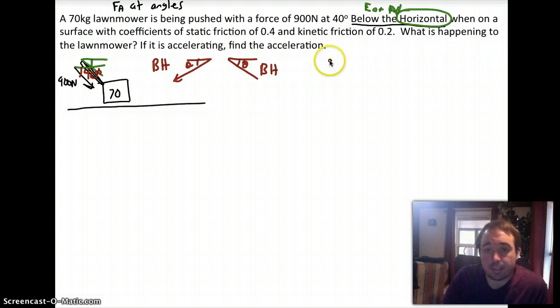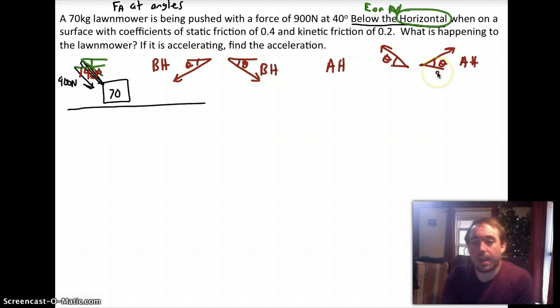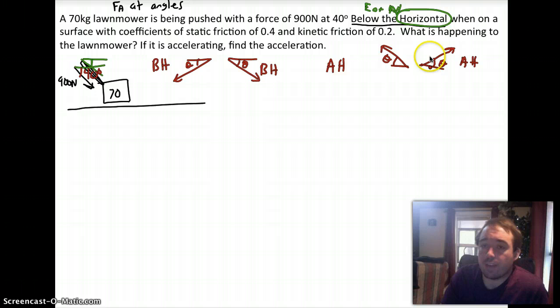The other way to ask this would be AH, or above the horizontal. So those are BH's. AH would be an angle like that, or an angle like that. Both of those would be considered AH. So this case we're dealing with BH, but in the worksheet you'll have AH, and again, as we're going through this problem, I will discuss how that will change your values.